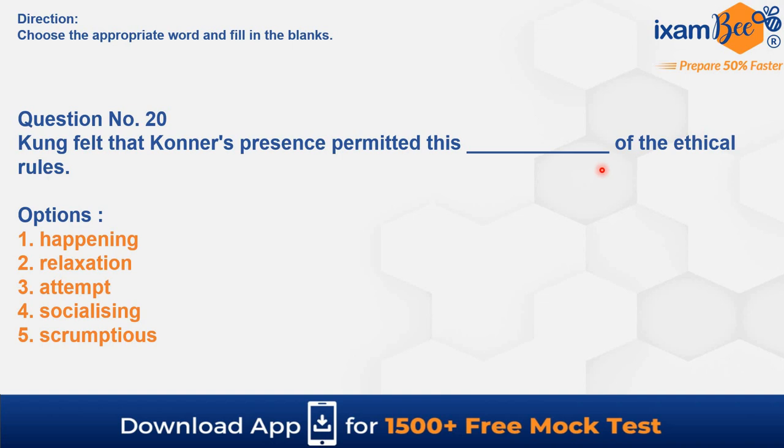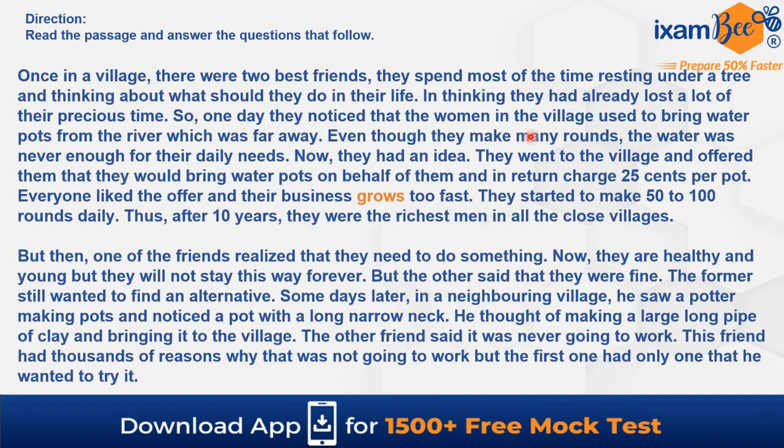So relaxation of the ethical rules, that means somewhere there were no strictness and following of the rules. Somewhere the rules got relaxed, or someone got relaxed with the rules.